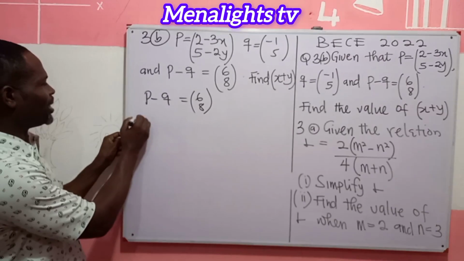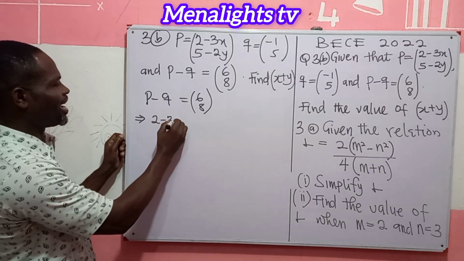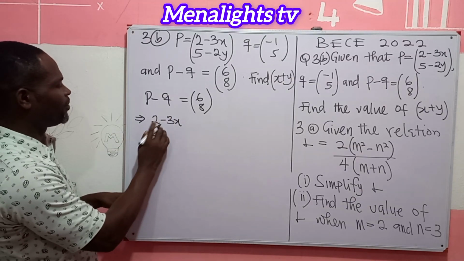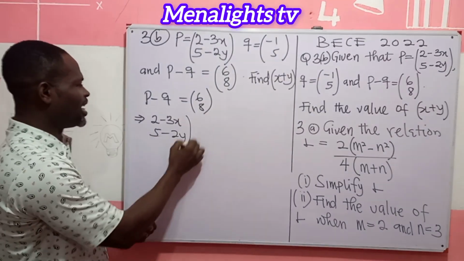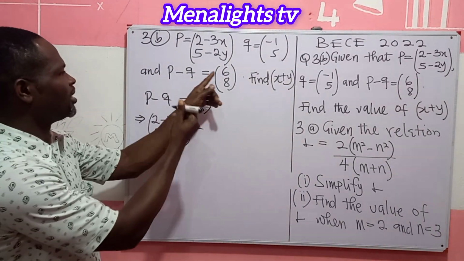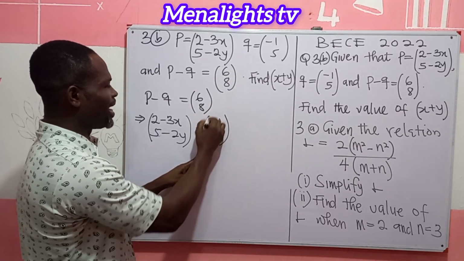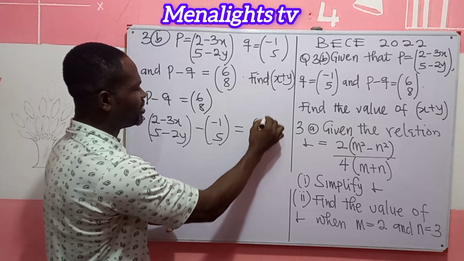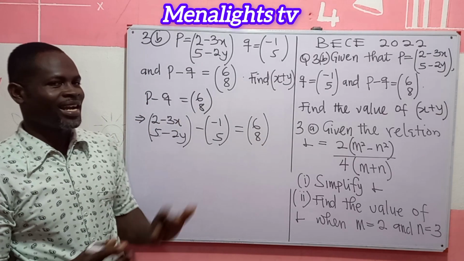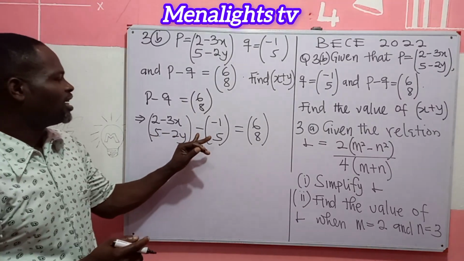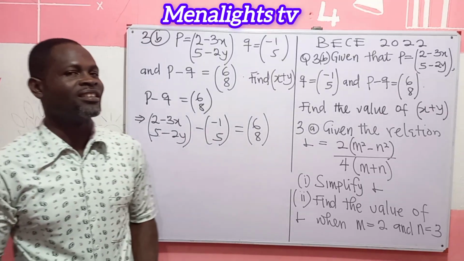So we know that our P is equal to (2 minus 3x, 5 minus 2y). Then we are subtracting Q, which is (minus 1, 5), to get (6, 8).